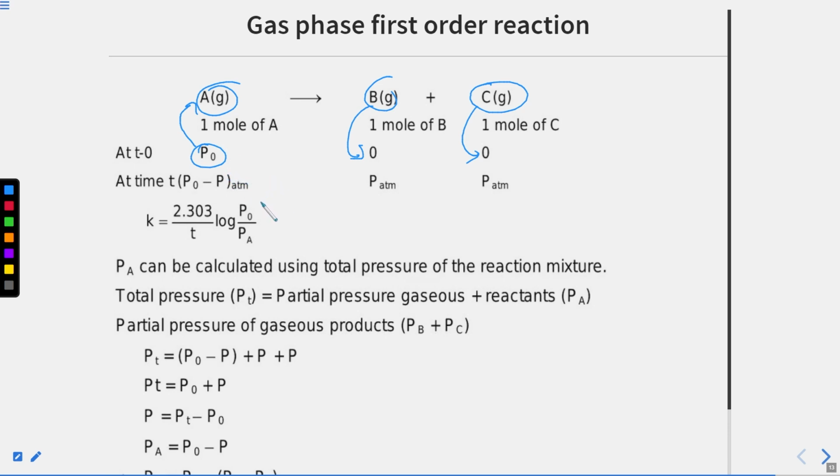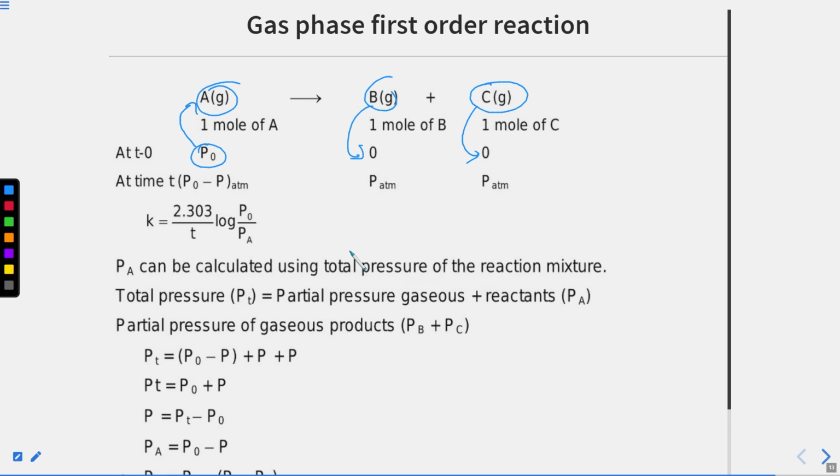Now we have to consider these pressures as our concentration. For gas phase, pressure is more important. So for now we will just consider all of this, say our P naught or this PA, as concentration. Now what will happen at time t? Suppose an amount of this A has gone to B and C. Due to this, the partial pressure of A will decrease.